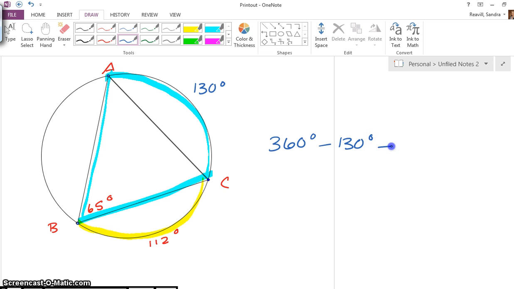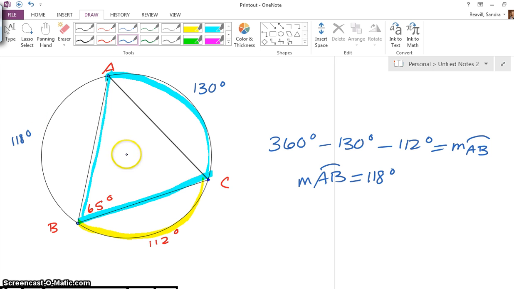So let's subtract 130 and let's subtract 112. That'll give us the measure of arc AB. Go ahead and push those buttons or do that subtraction to get me a value for the measure of arc AB. And there we'll find the measure of arc AB is equal to 118 degrees.